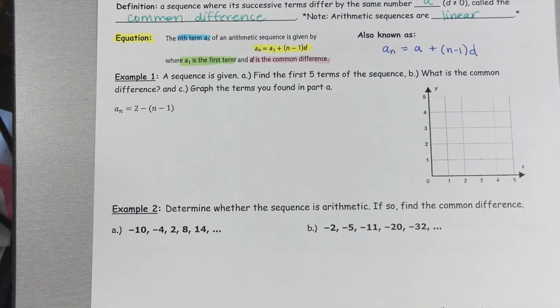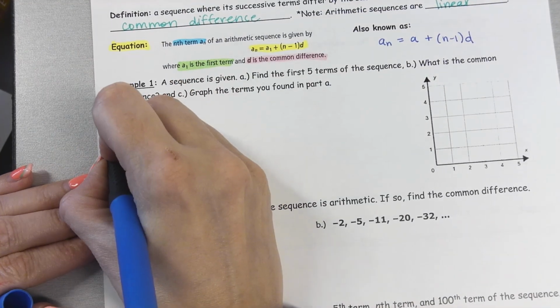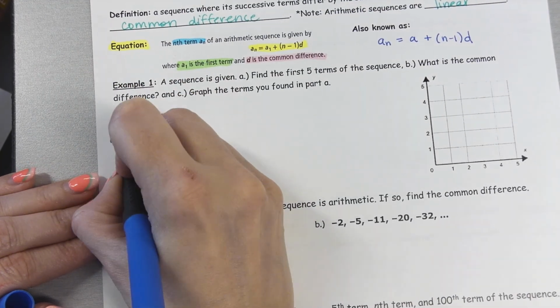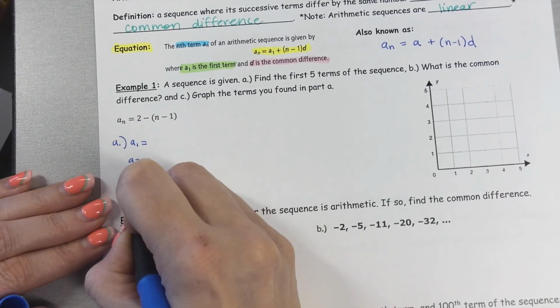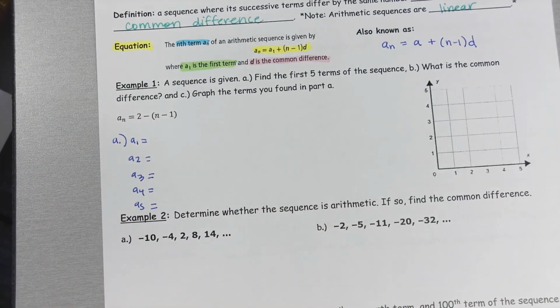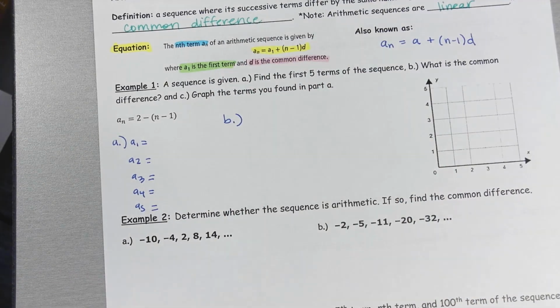Alright, so for example 1, a sequence is given. Part A, you're going to find the first 5 terms of the sequence. You know how to do this, so I'm going to let you cook. Find these 5. And then if you want to try part B, you can, when you're finding the common difference.